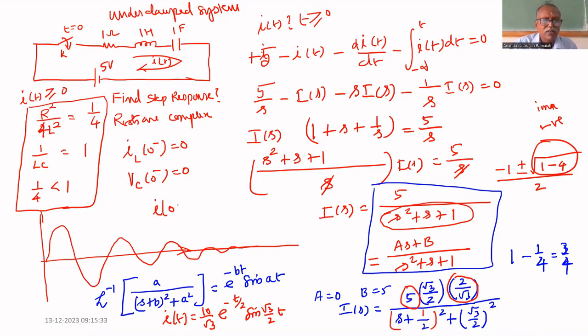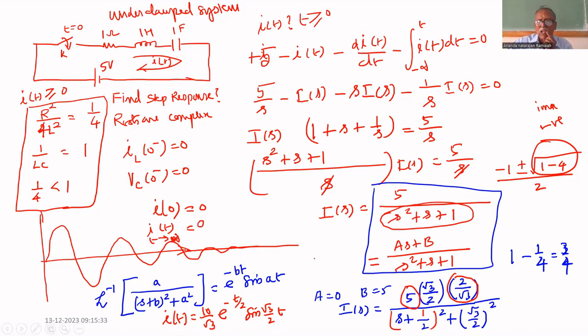I of t as t tends to infinity, what will you get? Sinusoidal function never becomes 0 except at t equal to 0, and periodically it becomes 0. That is different. E power minus t by 2 becomes 0. Therefore, that is also 0.